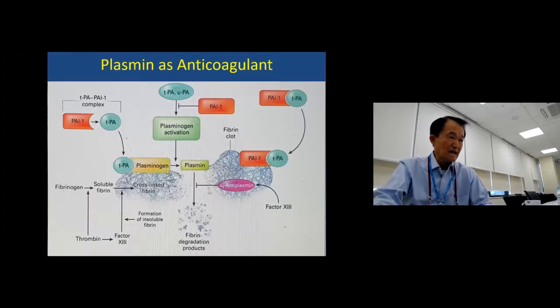So plasminogen activator has been used for very acute stroke.